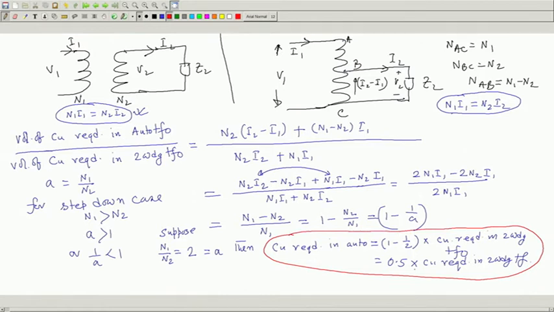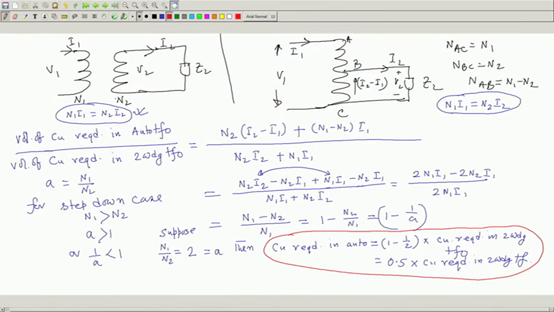Savings of copper can be easily calculated by taking the difference of these two. I am not going to do that, it can be easily done, but I will just see how much copper is required in terms of how much copper is required in a 2 winding transformer. I find for step down case, if turns ratio N1 is to N2 is 2, you are stepping down the voltage, here also you are stepping down the voltage.